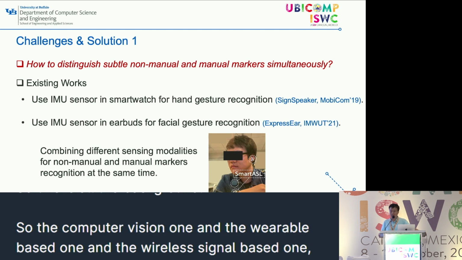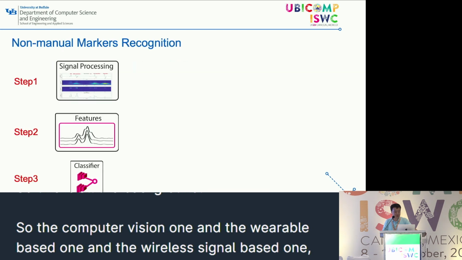Using the IMU inside the earbuds, we can potentially detect your facial expressions and also head motions. With head motion, we also have shoulder movement, and all of those could be captured by the earbuds. And we have the smartwatch to recognize the hand gesture.